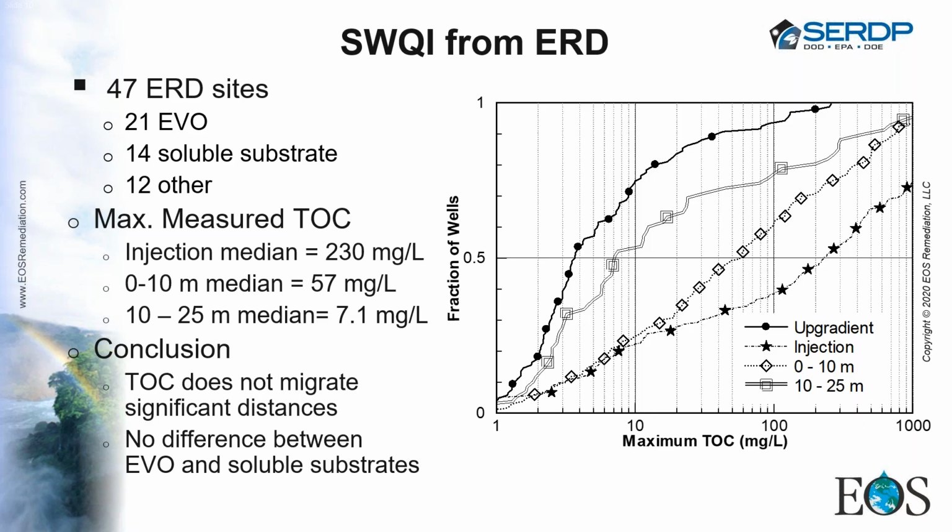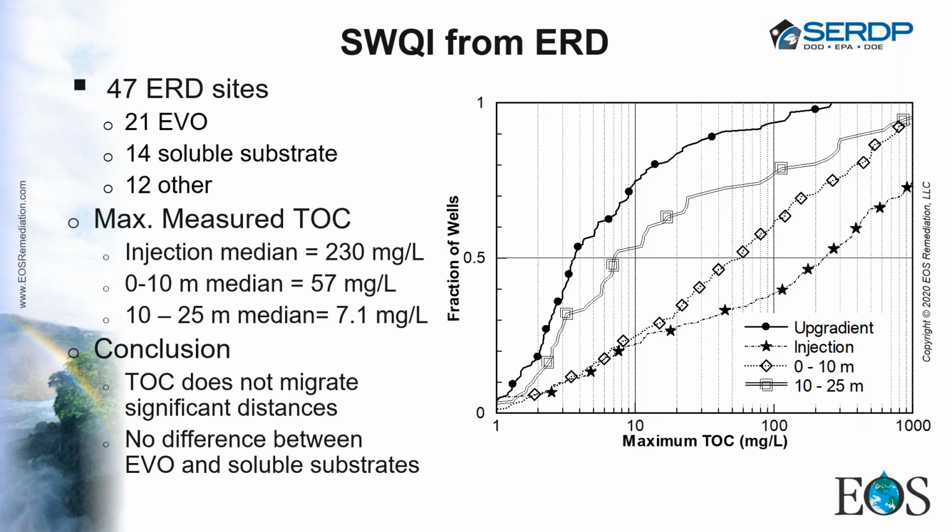I don't have the data to show you here, but we actually partitioned this data and looked at sites where they used emulsified vegetable oil versus soluble substrate. There was basically no difference. Whether you used EVO or soluble substrate, TOC did not migrate down gradient any significant distance at all.